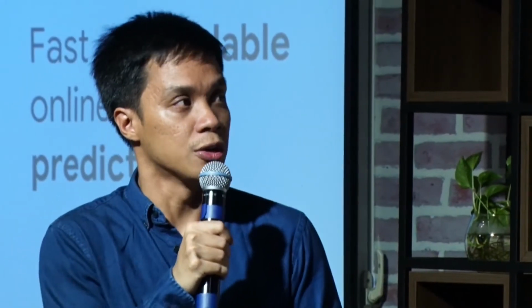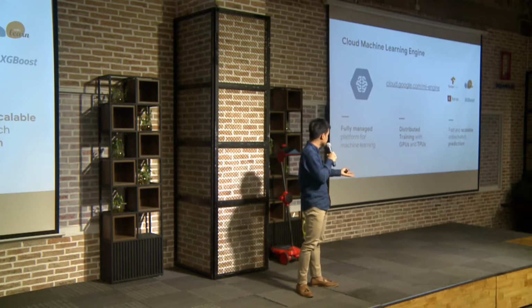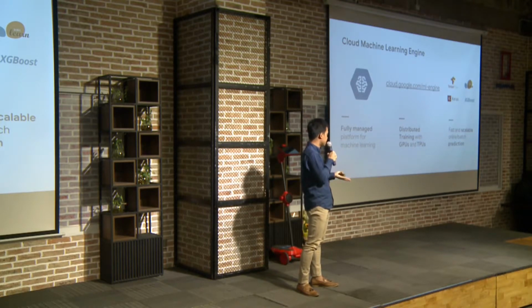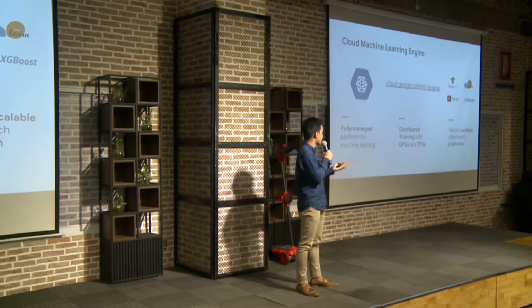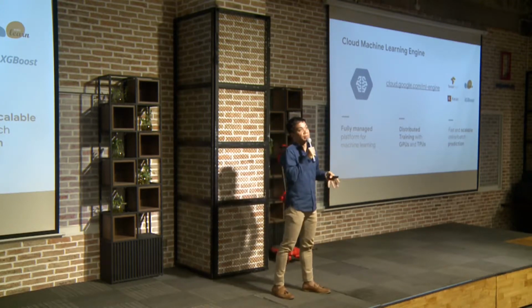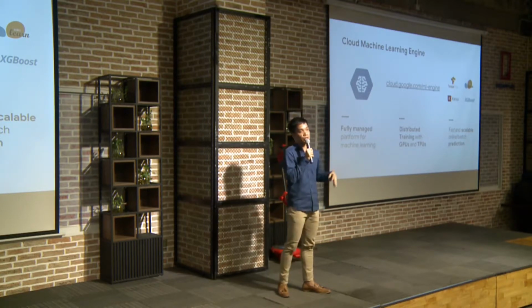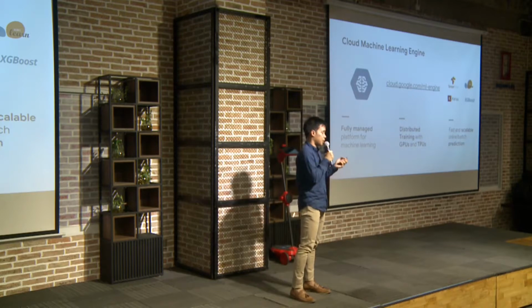Cloud ML Engine allows you to build, train, and serve custom models with your own internal data. How does it work? You leverage existing programming languages or machine learning libraries such as TensorFlow, PyTorch, Keras, and XGBoost, build your machine learning model using these libraries, and do the training on Cloud ML Engine itself.